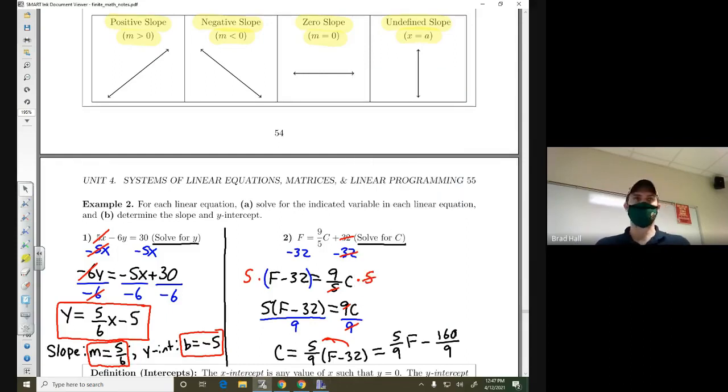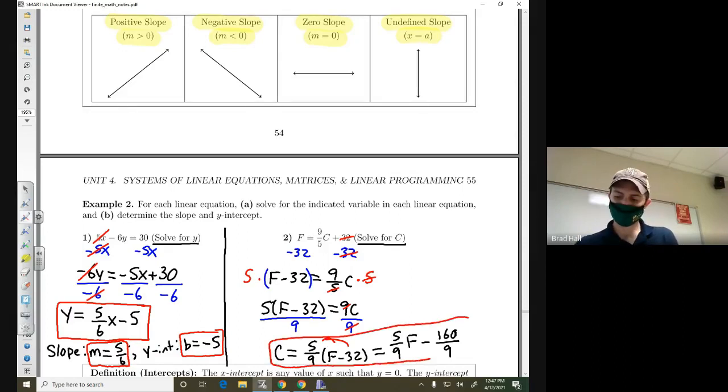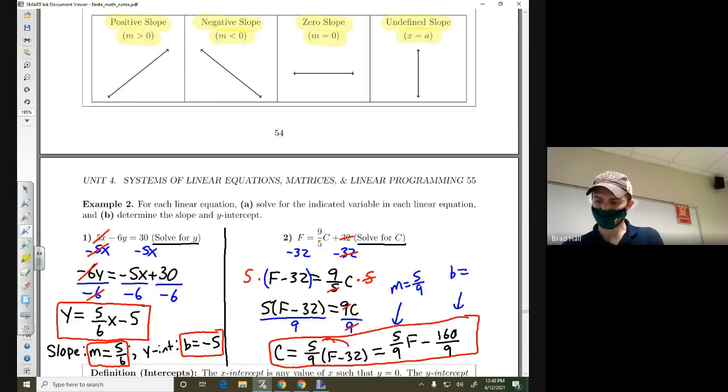So again, I can't remember which form they put it in. Whichever one they do, this should be plenty sufficient in helping you solve that problem. Now they want us to determine the slope and the y-intercept. Well, I'll just point some arrows. The slope is 5/9. The y-intercept is -160/9.